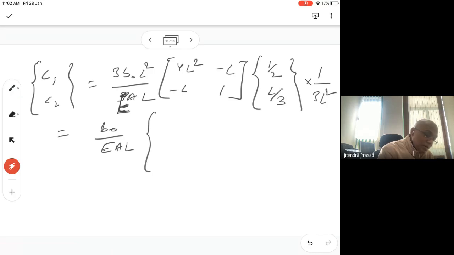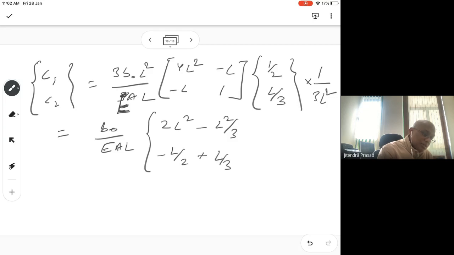So right here 2L square minus L square over 3, and here what do we get? We get minus L over 2, right? Plus L over 3.